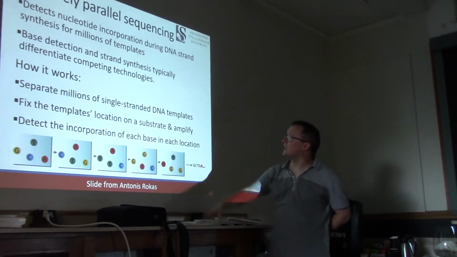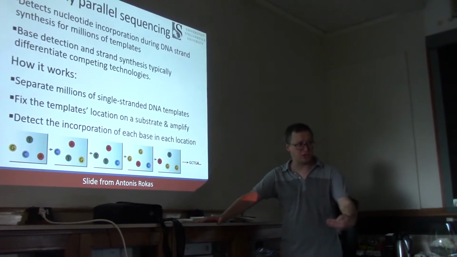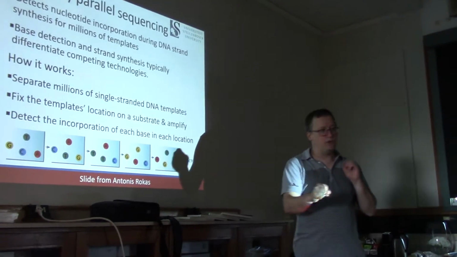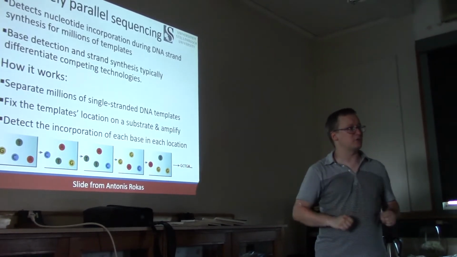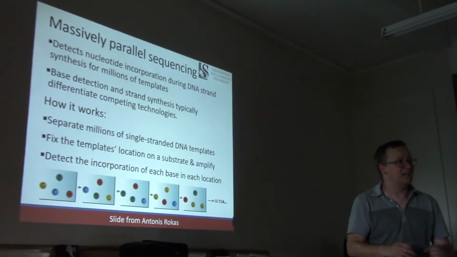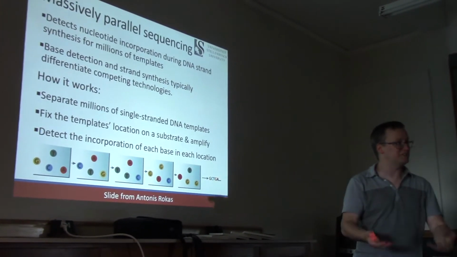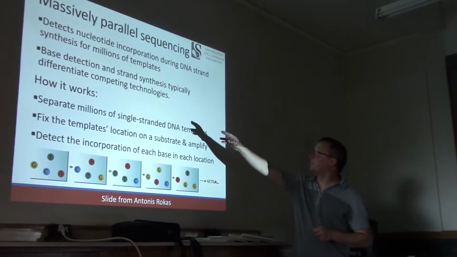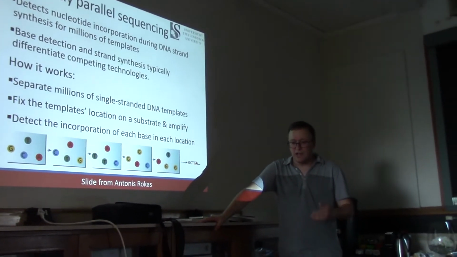A lot of times these are working via the measurement of incorporation. If you allow an A to attach to the growing strand, you're going to get a flash of color that represents A. If you allow C to be incorporated, you're going to get a flash corresponding to C, and so on. These approaches are not uniform.